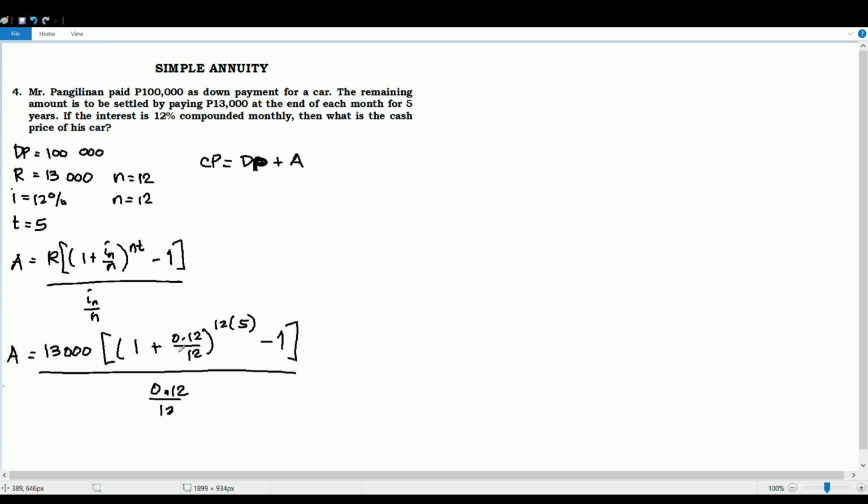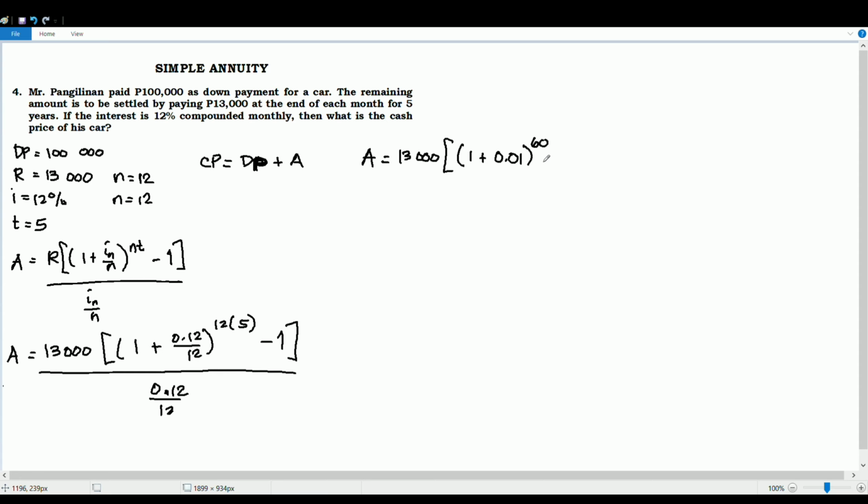Now let's simplify the numbers inside the quantity. That's 0.12 divided by 12. A is equal to 13,000 times 1 plus 0.01 raised to 60.